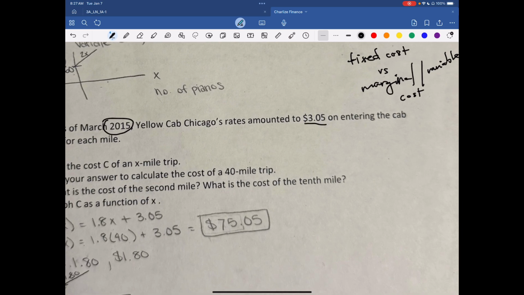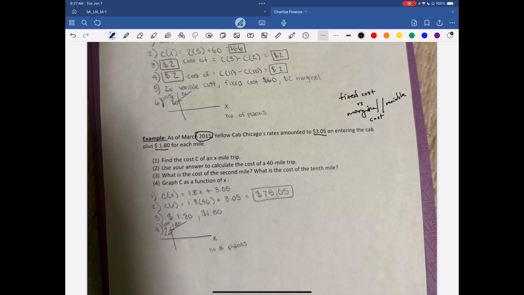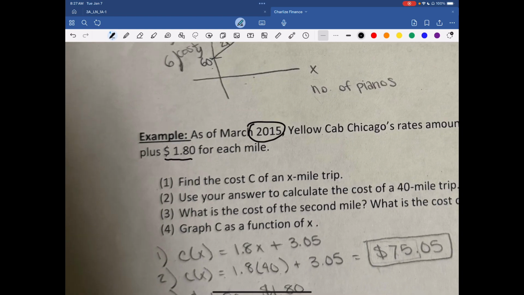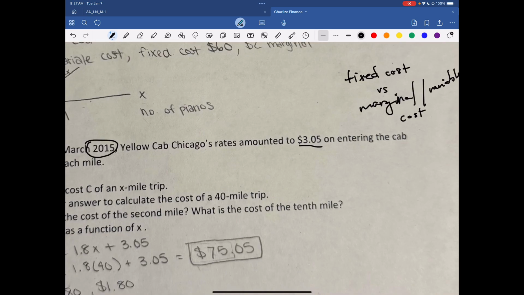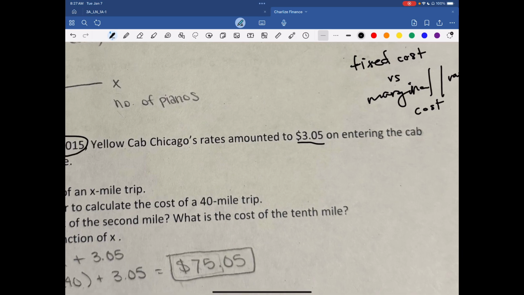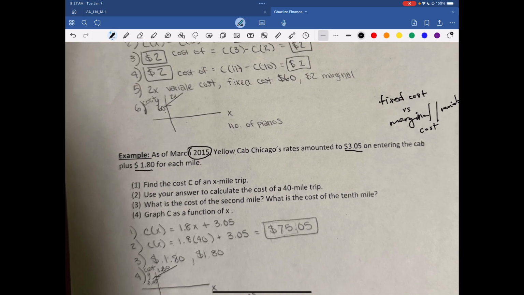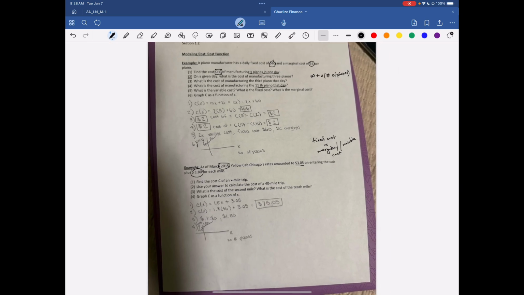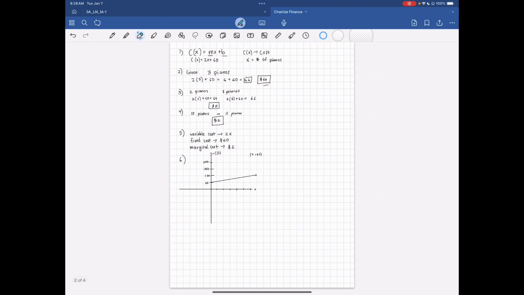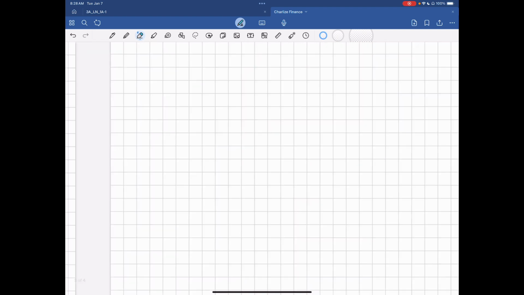It's $3.05 on entering the cab and $1.80 for each mile. So it's basically saying when you get into the cab, pay $3.05, and if you travel 2 miles, this would change. But this is the number of dollars per mile. So we can do this problem.